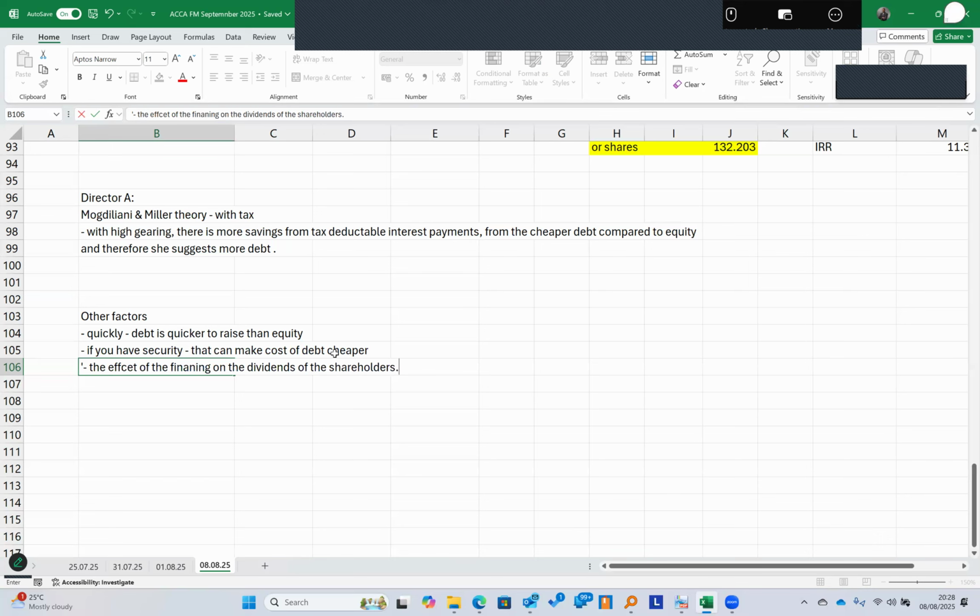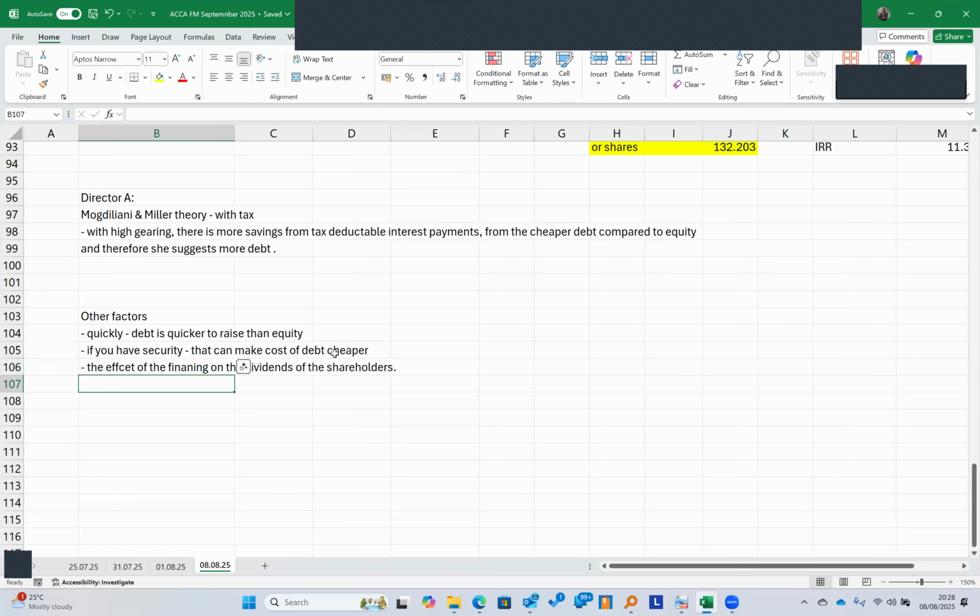Okay, so here what we are saying is, the shareholders that we have been getting dividends, right? They've been getting dividends. So if you were to give them less dividend because you took on more debt, then they may not be happy with you.